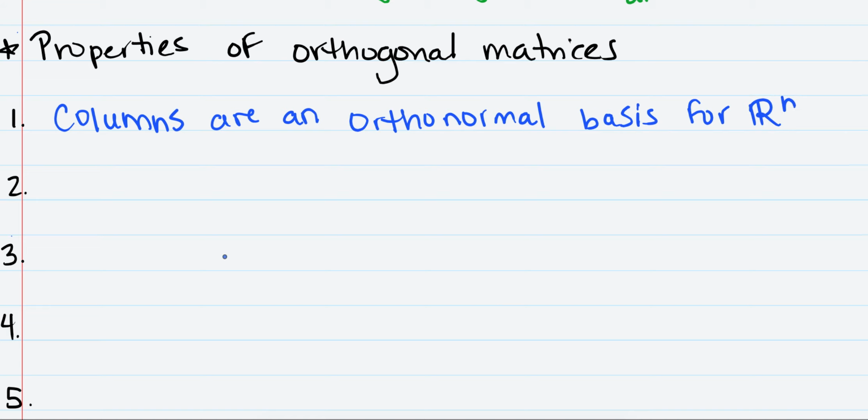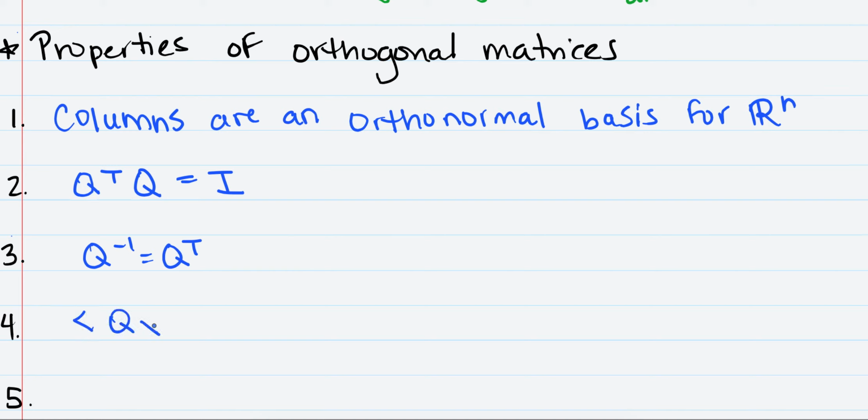The second thing is that the transpose of the matrix times the matrix is the identity, which tells us that Q inverse is actually the transpose.